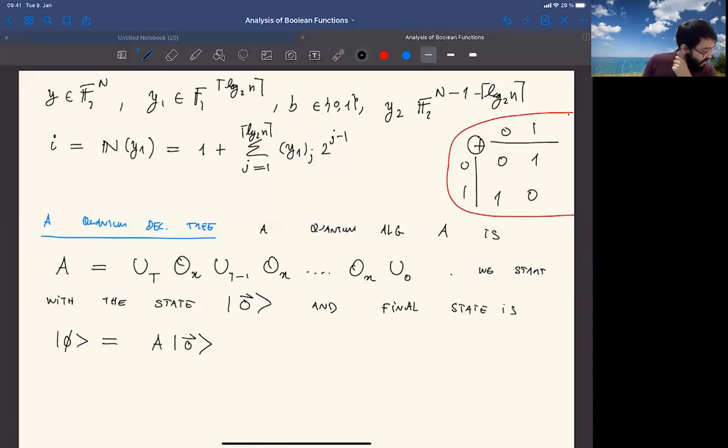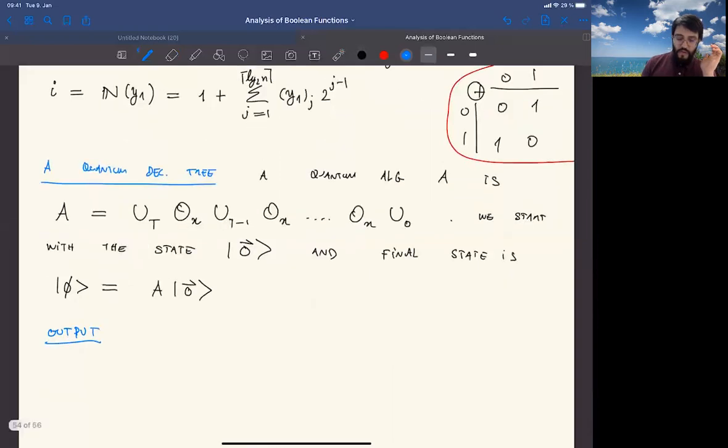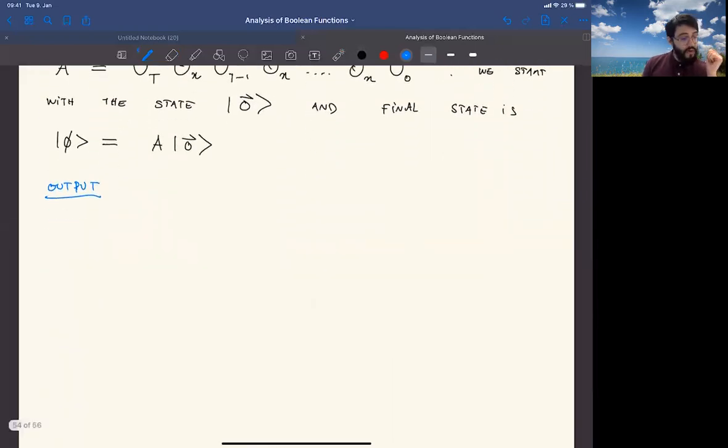And now there are 3 different ways of actually doing quantum measuring of the output. And I will already write what they mean in terms of complexity.